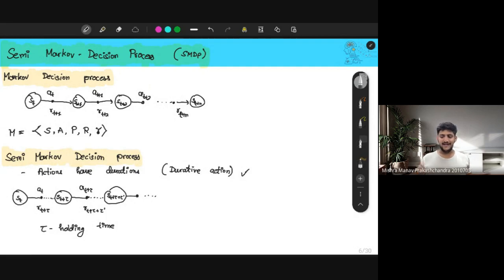Okay, and an SMDP can actually take into account a real world constraint.